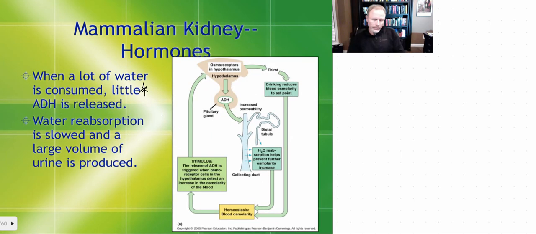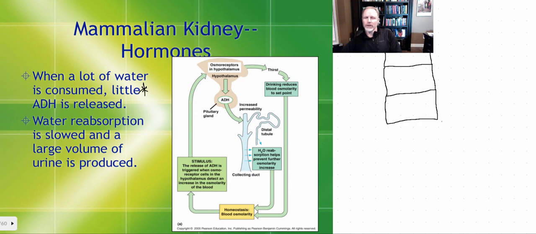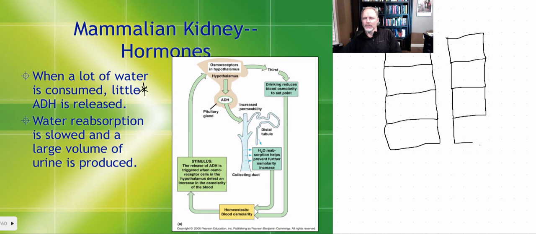Okay, so as we go back now, one of the things to look at here is you've got these cells that make up the collecting duct. So give me a second here to draw these things, and this will review some of the stuff that we've talked about. So if we look at these cells as being the things that are forming the collecting duct, we can say that there's a blood vessel right here that's closely associated with this.